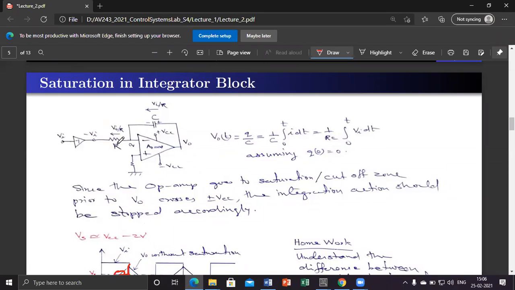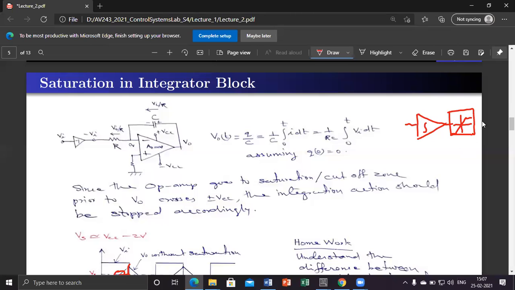But there is one more way you may think, equivalently, to introduce a limit for the integrator. That is nothing but first you use an ideal integrator block of your Simulink. There is an ideal integrator block. Then take the output and put an explicit limit, because a saturation nonlinearity block is also available in Simulink. You put an explicit limit like this.